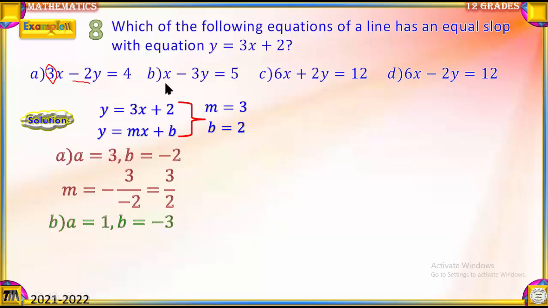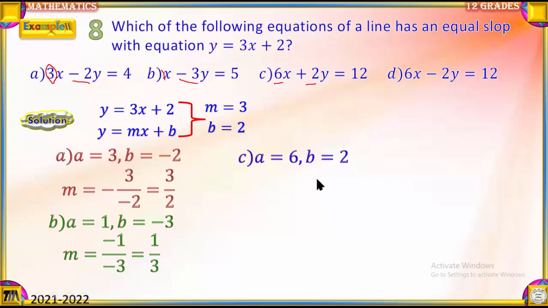In B, you can see that a is 1 and b is minus 3. Then the slope is minus 1 over minus 3, which equals 1 over 3. It is not 3, then B is not correct. C, you can see that a is 6 and b is 2.